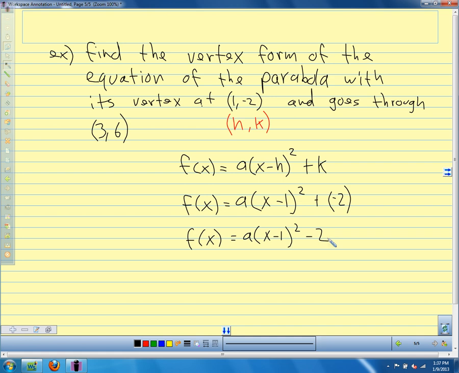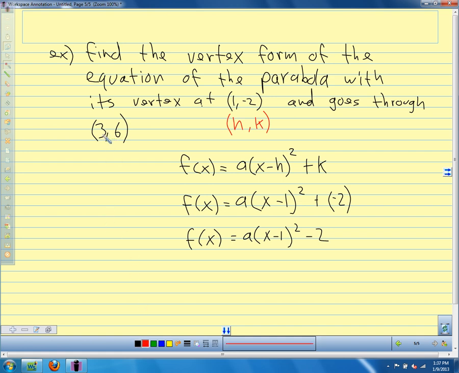Not necessarily, but we can figure out a. That's going to be our next step. What does this point 3,6 tell us? What parts of the equation are 3 and 6? Our function, the graph, goes through this point. What part of our function are these points?